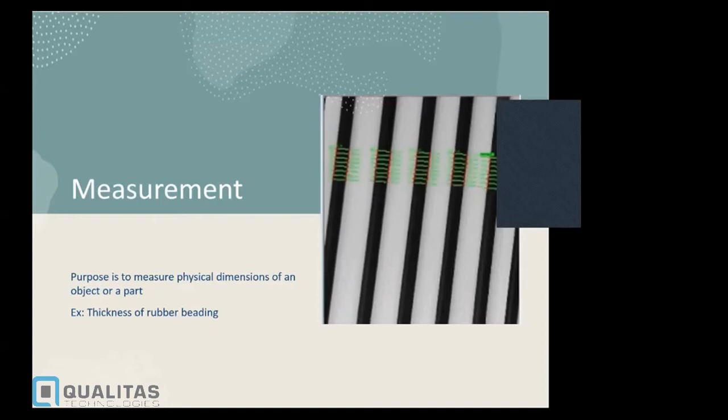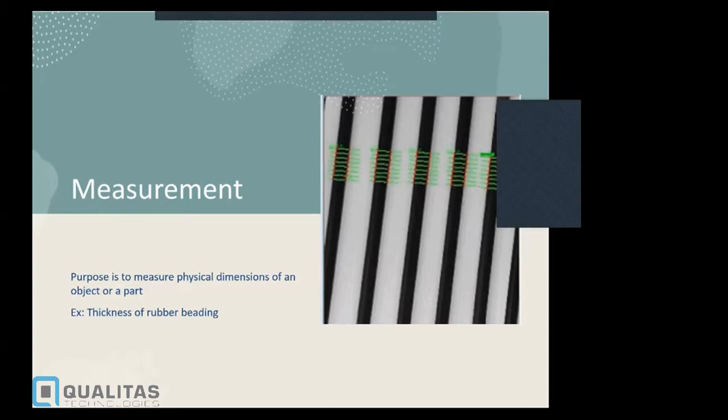Another example is you have a washer. You want to measure the diameter of this washer, or it could be an automotive piston, and you want to measure the thickness of that piston component, right? The OD, the outer diameter. So all those come under measurement. So what is measurement? Measuring a physical dimension.